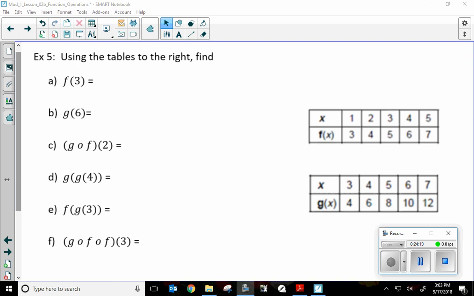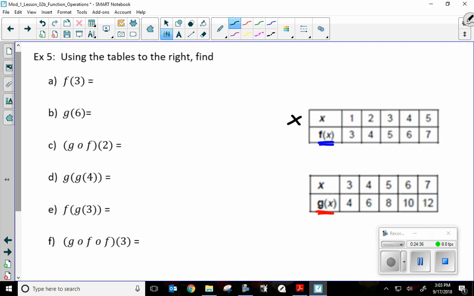All right. We are now going to use tables to figure out what our functions are. Okay? We're going to use tables. You'll notice this is f of x. All right? And this is g of x. Now, keep in mind, this row is my x values, and this is pretty much f of x, which is my y values.